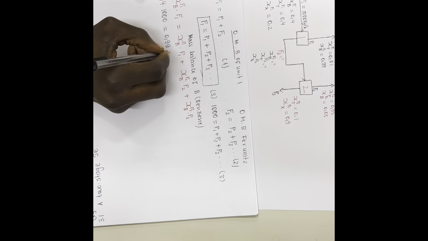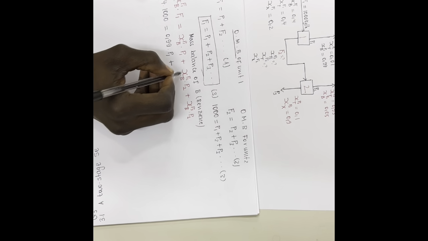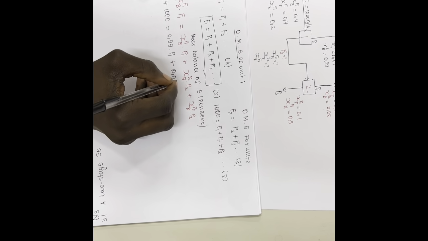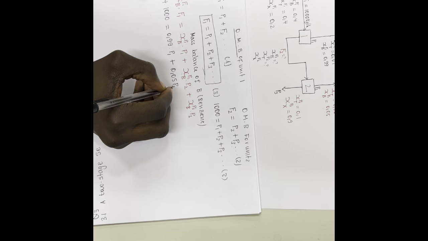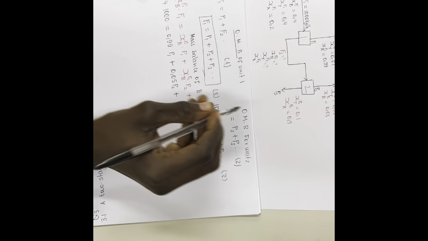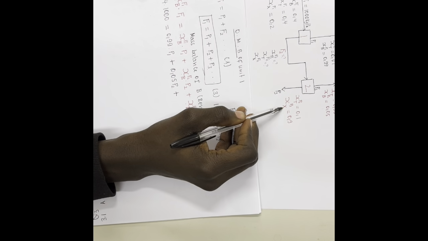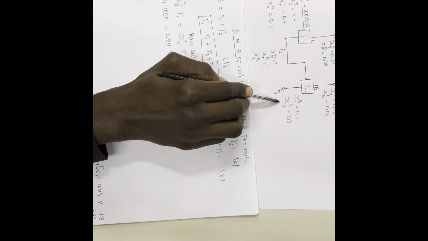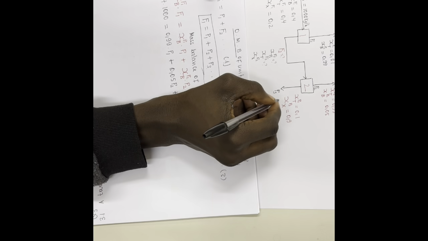We don't know the value of P1. So plus X for benzene in P2 is 0.05 P2. Plus here we check if we have benzene, we don't have benzene. And guys, if they ask you what is the composition of benzene in this P3, the answer you just say is 0. Why 0?